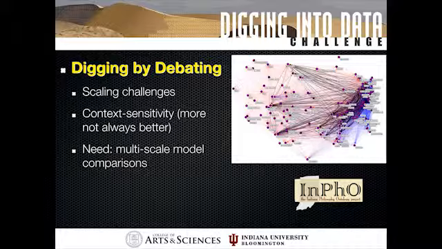More data is not always better, right? So we need to run lots of models on lots of subsets of the data to try to figure out where we get the most bang for our buck, so to speak. And we need ways of comparing these models at multiple scales. That turns out to be something that has the statisticians here on campus scratching their heads as much as us, and we're trying to understand how to deal with this.